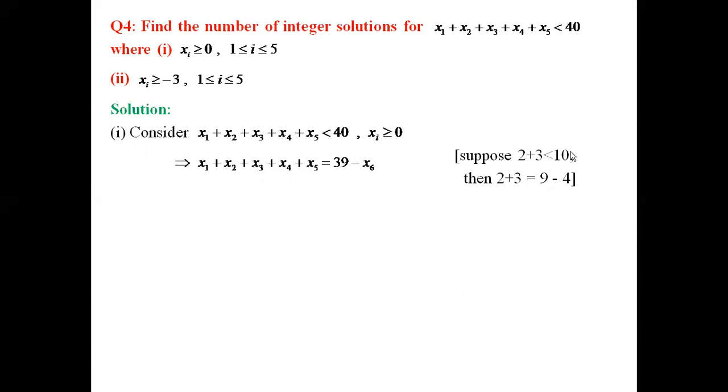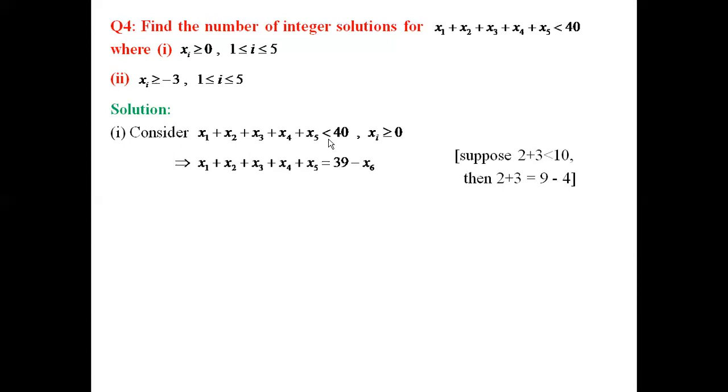So lesser than 10, the greatest value will be 9. So 9 minus some value I have to consider so that the inequality becomes equal. I already had the sum in the left hand side as 5, so that is the reason I had to take minus 4 on the right hand side. Less than 40 is our case here, so the next lesser number to 40 will be 39.